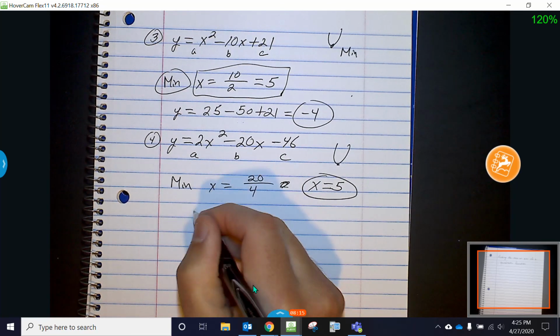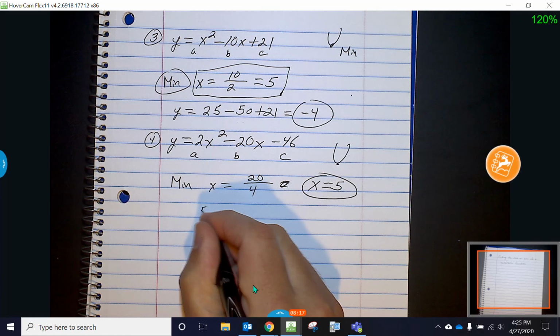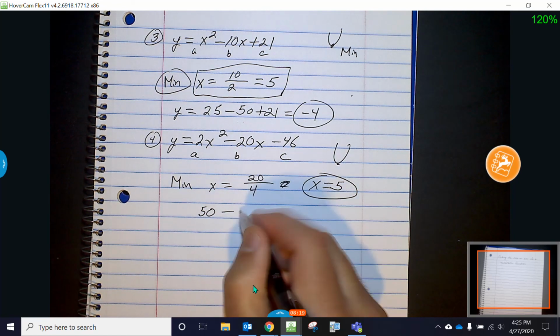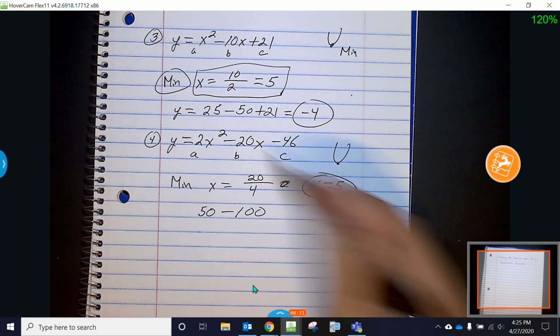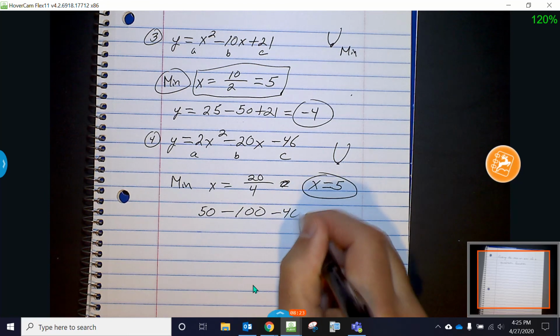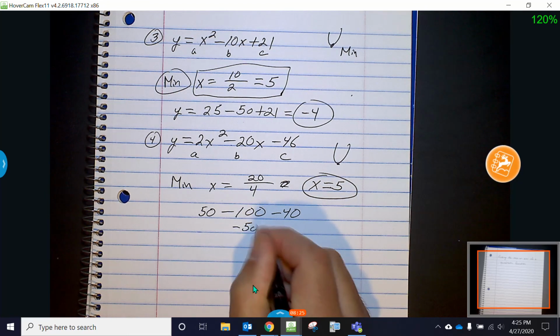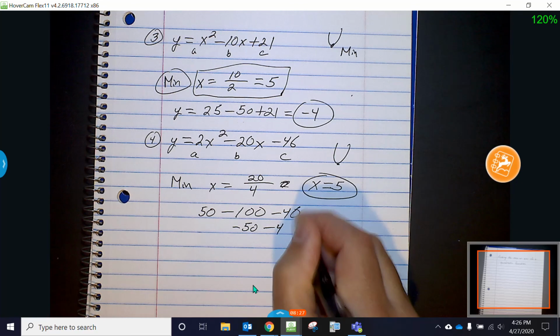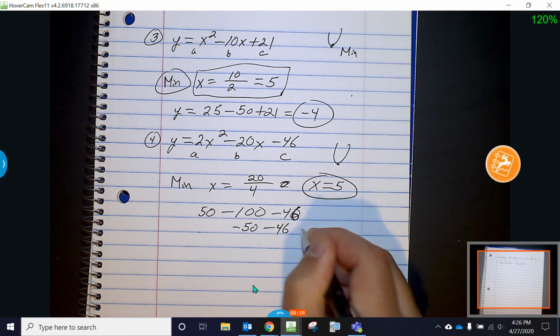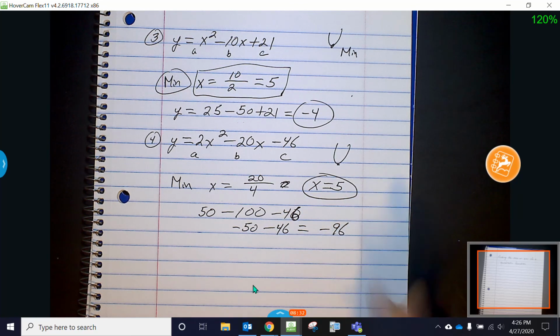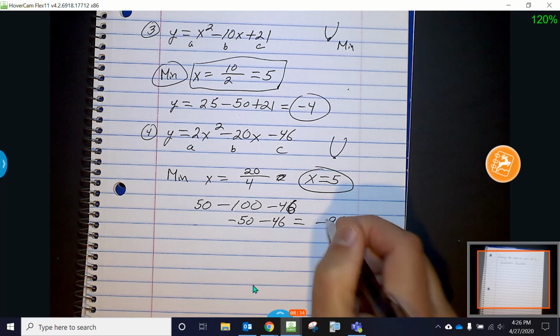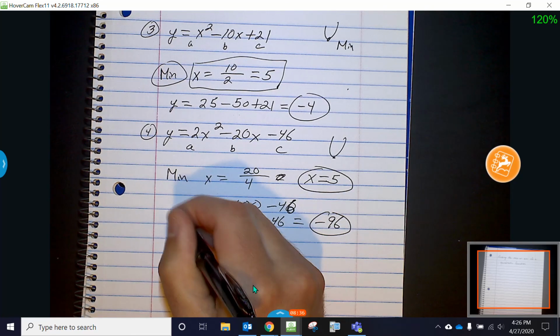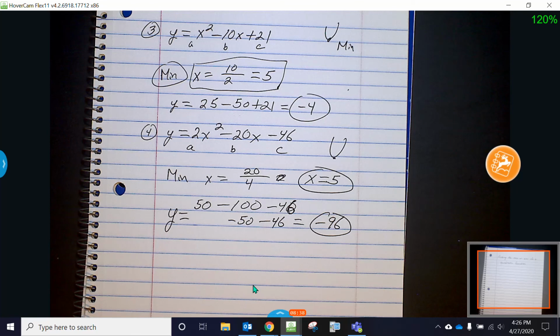If you plug that in, we get 25 times 2 is 50, minus 20 times 5, which is 100, minus 46. So we get -50 minus 46, which is -96. That's your y value.